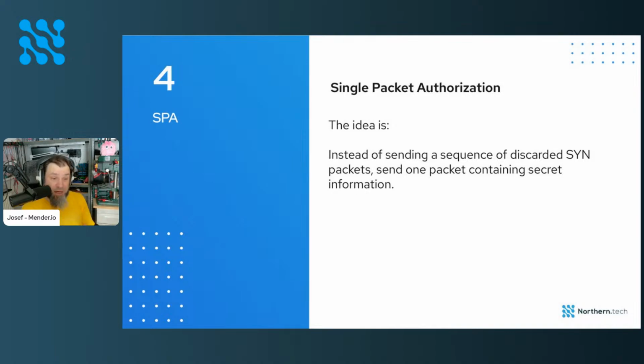It requires a custom binary or a specific tool on the connecting device to be present, and the SPA server running on a specific port. So it might be useful under some circumstances, and I wanted to add it in here as an example or as something you should have heard of.